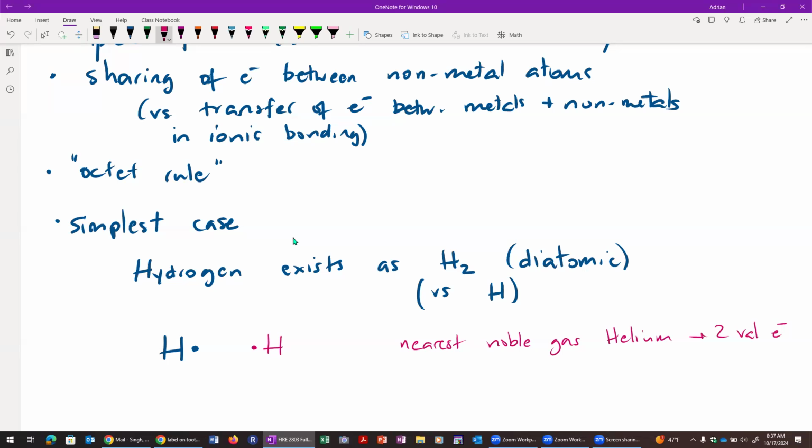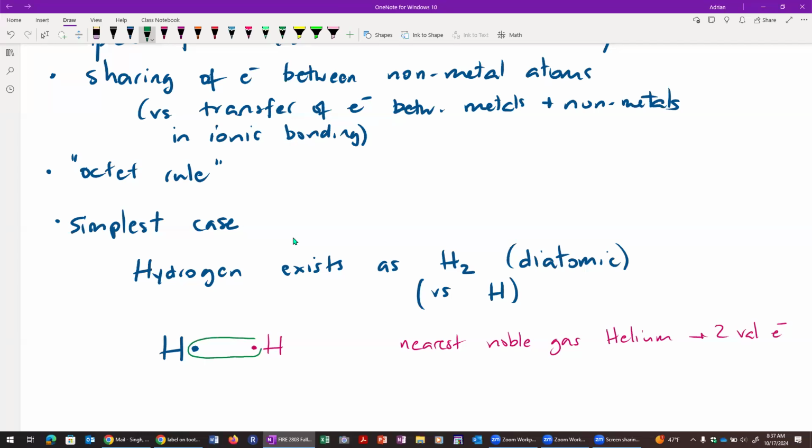So in order for the hydrogen to be like helium, the one here on the left needs 1 more electron. The one on the right needs 1 more electron as well. Obviously, if one loses one and the other one gains one, one's going to be happy, the other one's going to be very unhappy. So the way that they solve that problem between them is they actually share these 2 electrons.